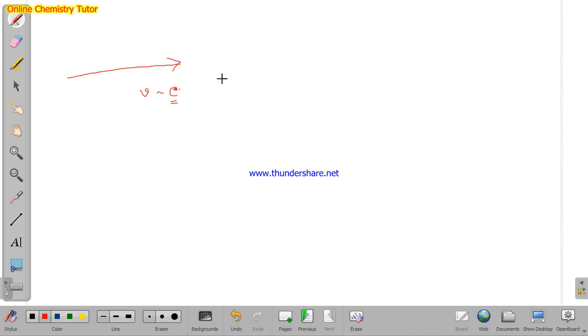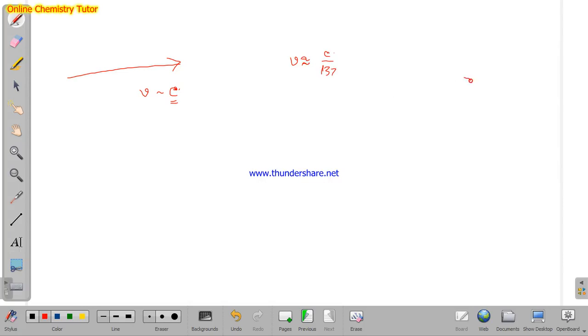Okay, we know the value of v. If we calculate the value of v of an electron in the first orbit, what happens? It is almost c by 137. So it approaches c, and so the mass of the electron will change.